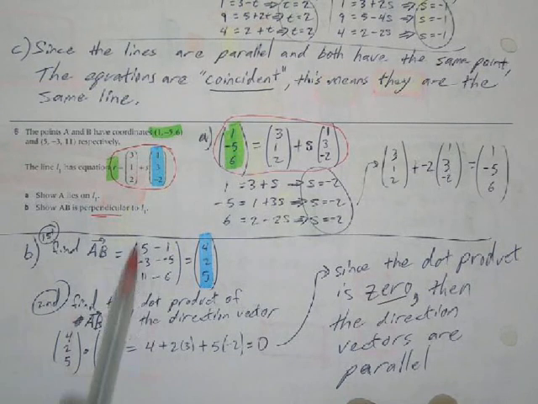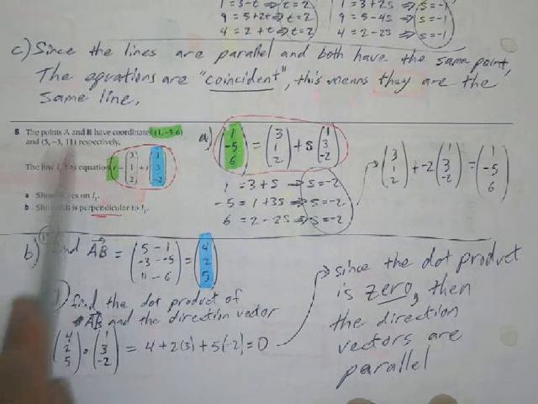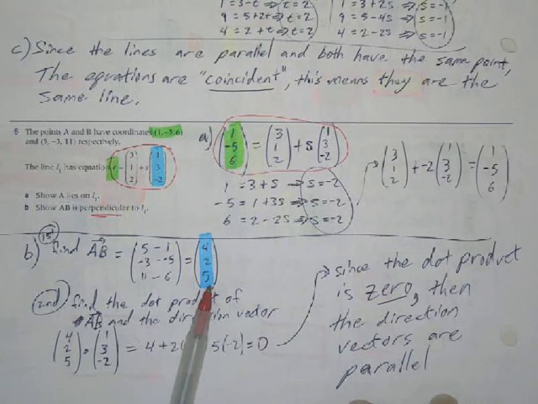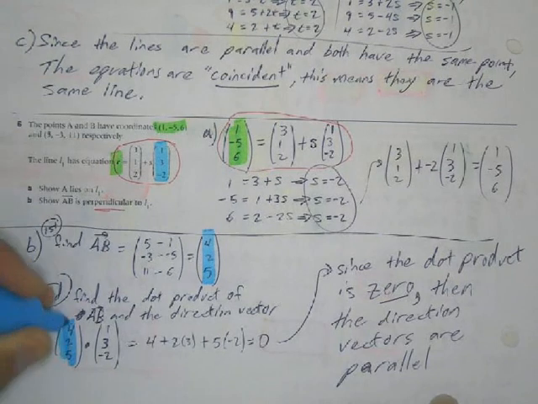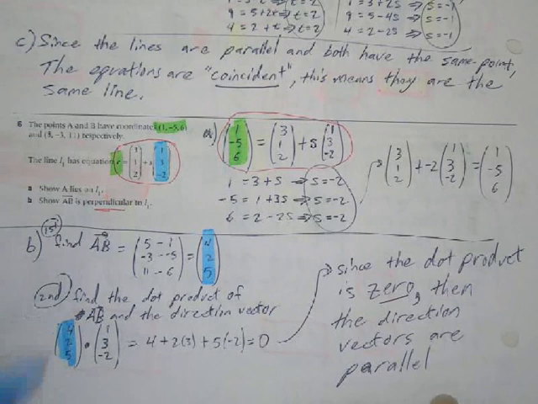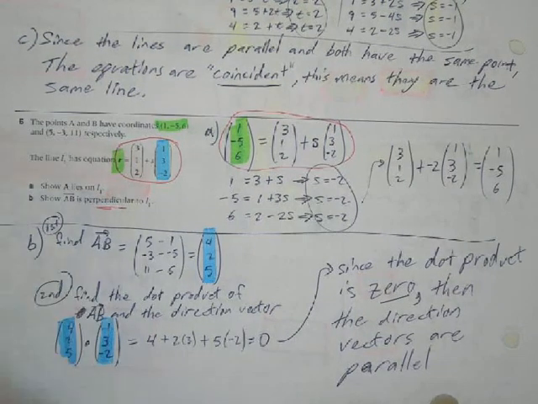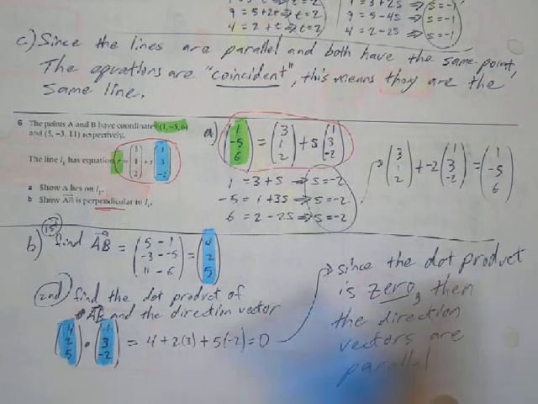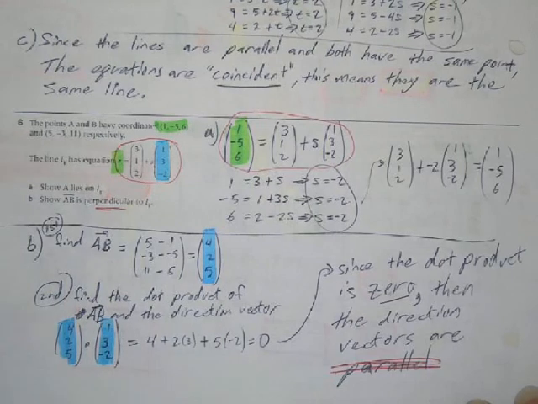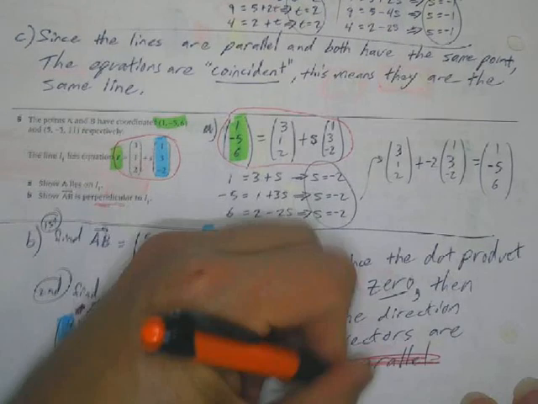I take the A and the B coordinates to find vector AB, and then I do the dot product of this vector AB with the direction vector of the original line, and indeed I do get 0 for the dot product, and that proves that these vectors are perpendicular. Why on earth did I write the word parallel? Perpendicular.